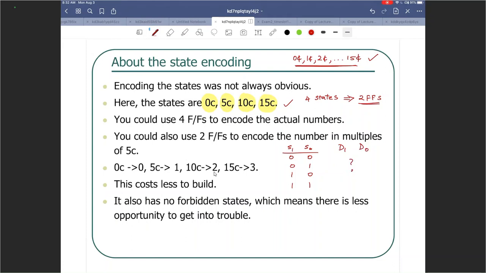The inputs to the flip-flops, the present state and the next state, those are also going to be 2 of them. So if I have 4 states, I am going to need 2 bits to encode that, which means I'm going to need 2 flip-flops to encode those states.